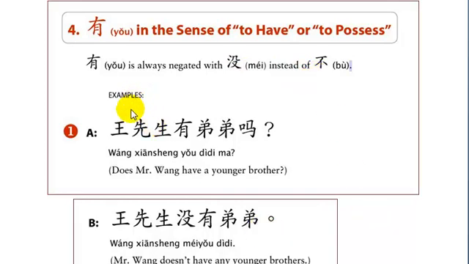Alright, here's some examples. 王先生有弟弟吗? Okay, Mr. Wang has a little brother? Or properly translated as a question, does Mr. Wang have a younger brother? 王先生有弟弟吗?